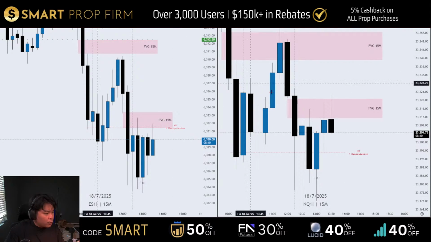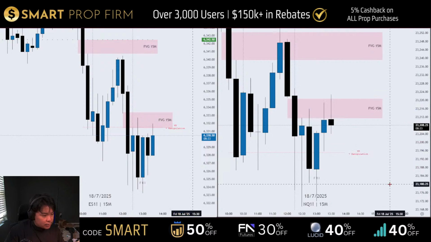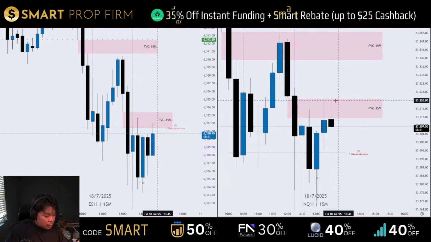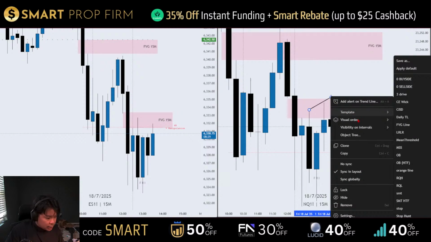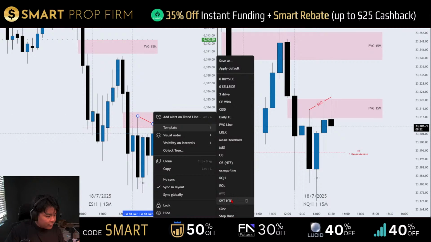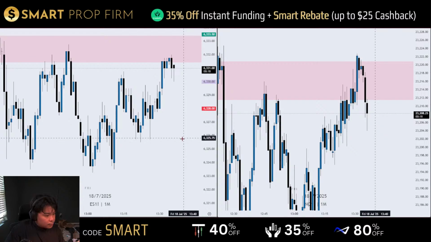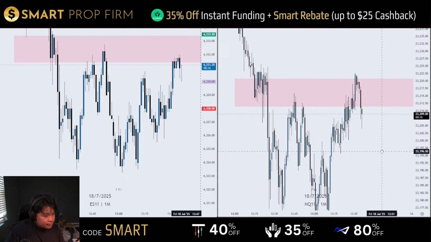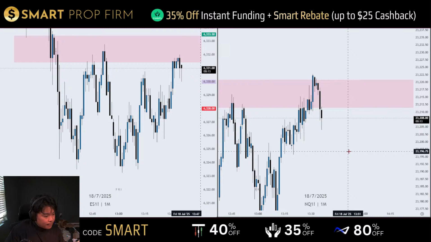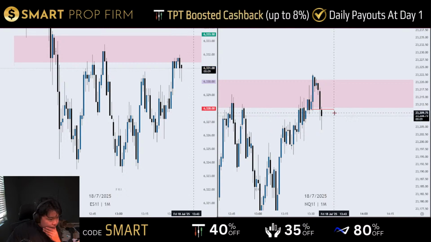That's very boring. Oh, we're rejecting. Hold up. SMT here too. We could be short on ES here. ES has been the weaker asset. I might want to take a jab somewhere here. Let's see if it makes sense. I wonder if I just snap this right here.